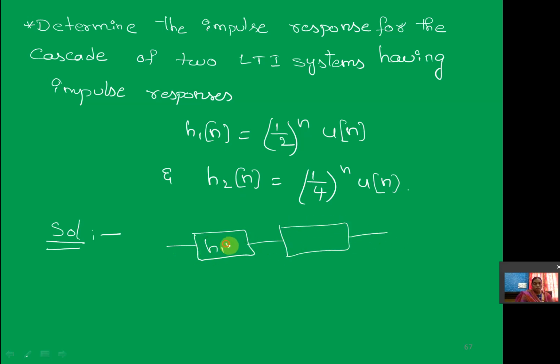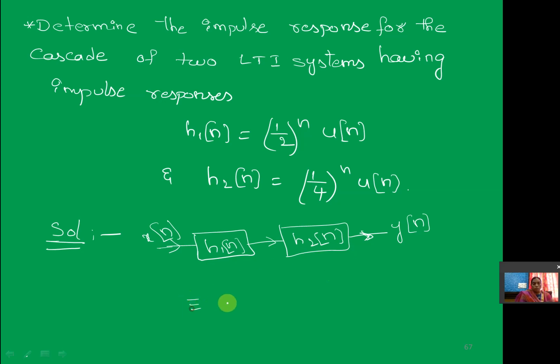This is h1 of n, LTI system impulse response, and this is h2 of n, LTI system impulse response. These two are connected in series way, cascade way. Here if input is applied, output is y of n, right? They asked to determine the impulse response of this cascading of two LTI systems.